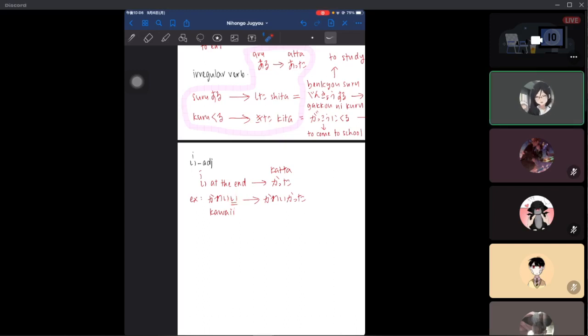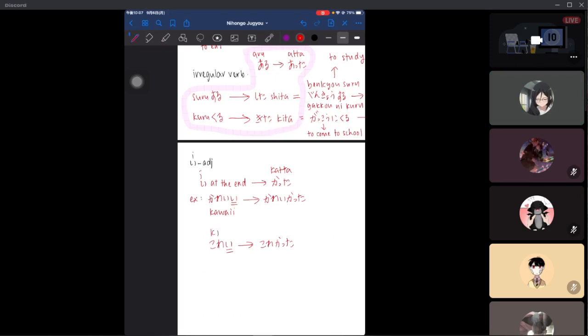Yabai is also an e-adjective. It will become yabakata. Oh, no. You don't have to add the e for kawaii because the spelling is only this one, so you just take this one and it will become kawakata.